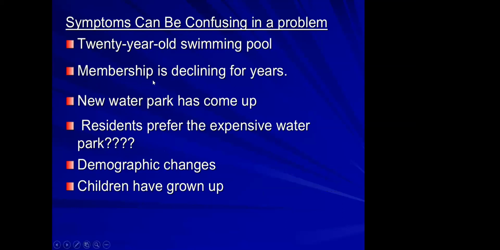Take this one example about what is a problem, what is a perceived problem, and what is the actual problem. There was a 20-year-old swimming pool. This swimming pool has been in existence for the last 20 years, and its membership has been declining day by day.